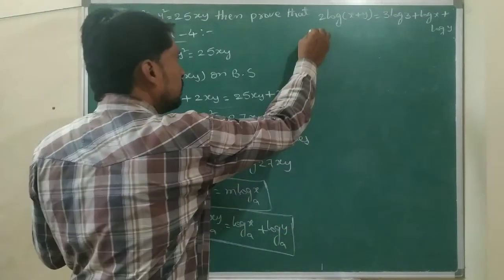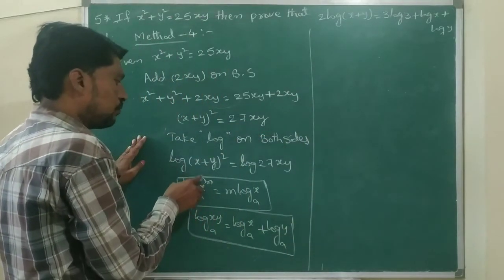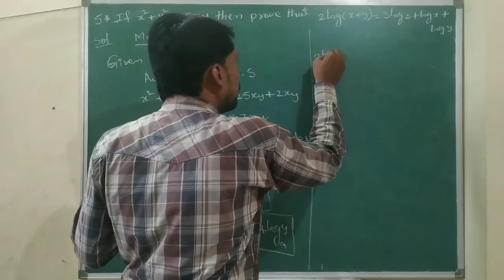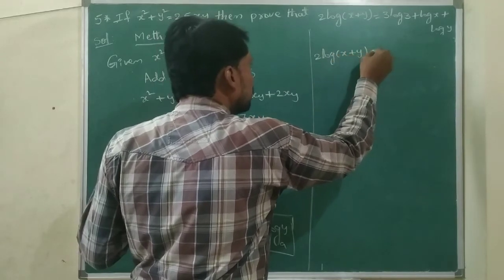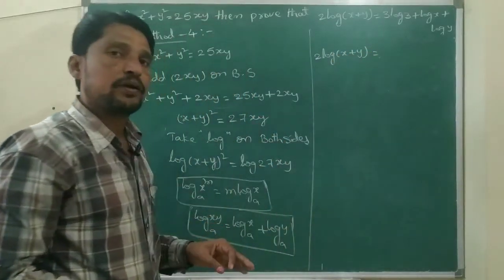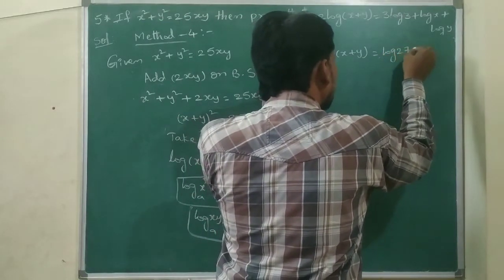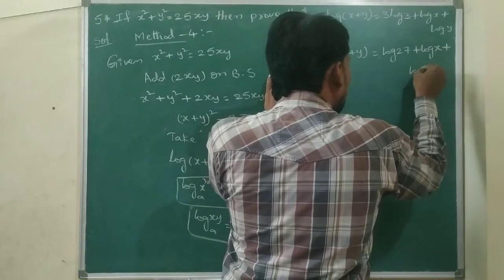Now I am writing here. First, on the left side I am taking the power rule, so 2 times log of x plus y equal, here I am applying the product rule, log 27 plus log x plus log y.